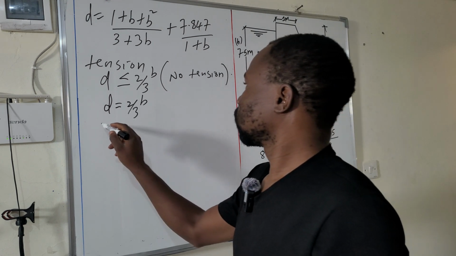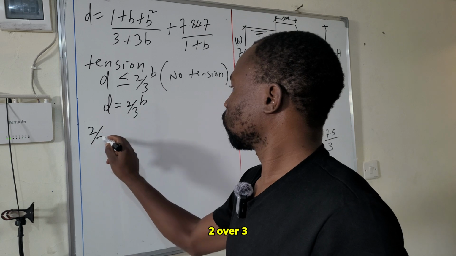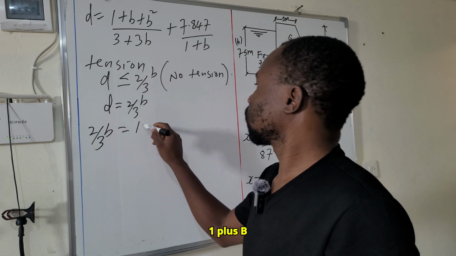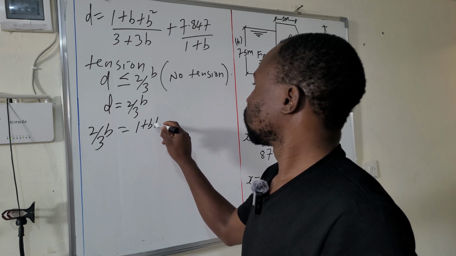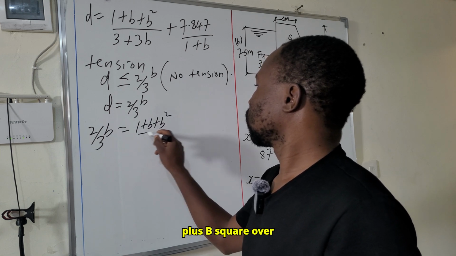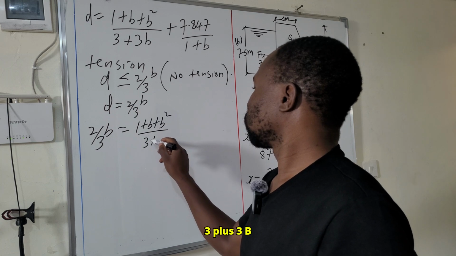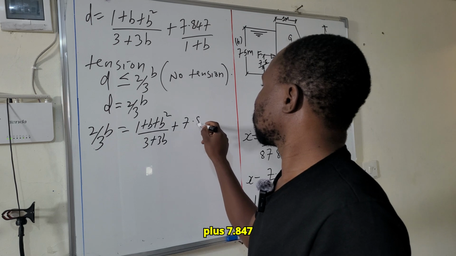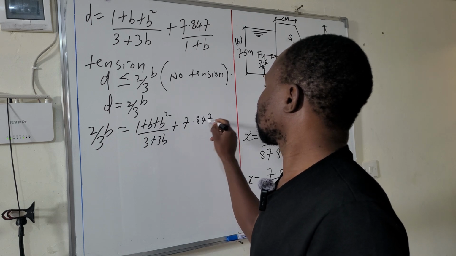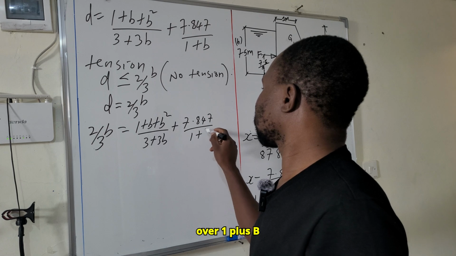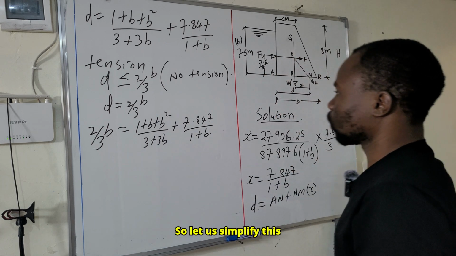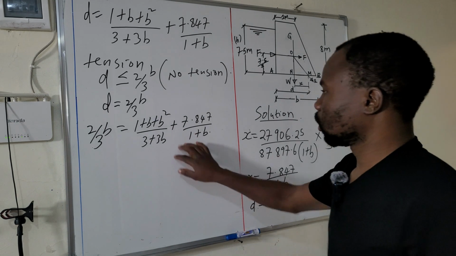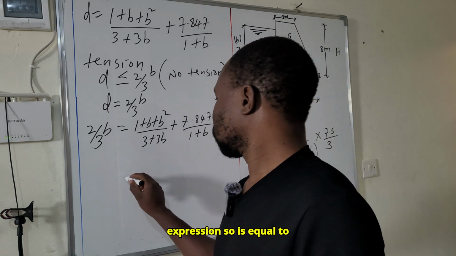So we will have 2 over 3b is equal to this expression, (1 plus b) square over (3 plus 3b) plus 7.847 over (1 plus b). So let us simplify this. So let's get the LCM of this expression.